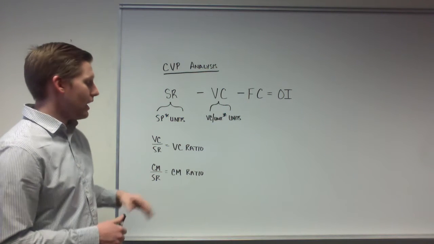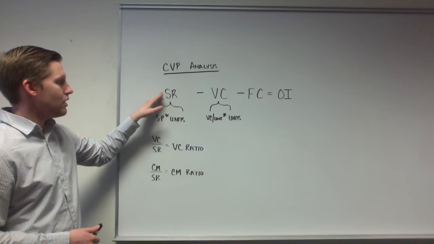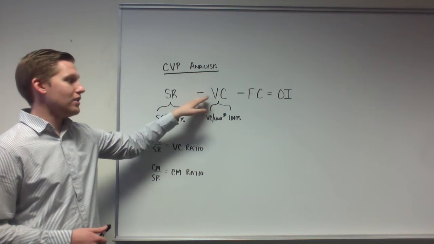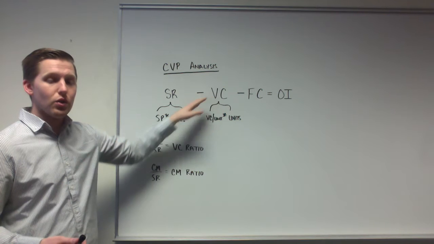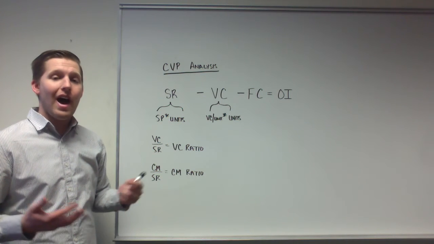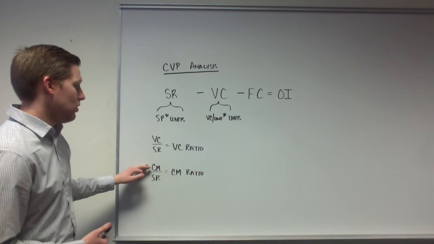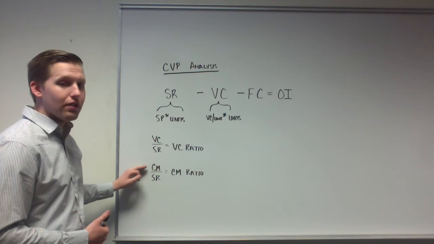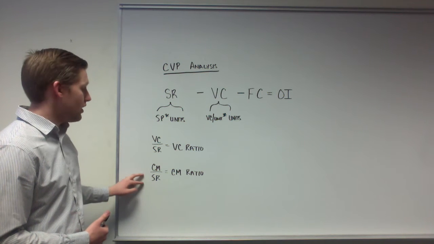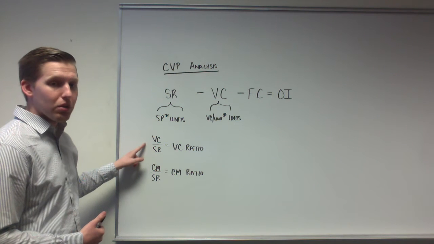Well, we define contribution margin as sales revenue minus variable costs. So the contribution margin is what I'm left over with after paying for the variable costs. So this ratio, contribution margin divided by sales revenue, is just 1 minus my variable cost ratio.